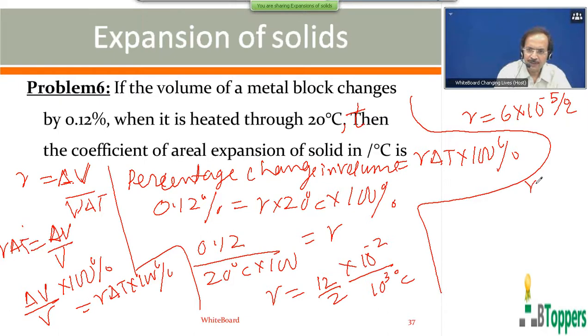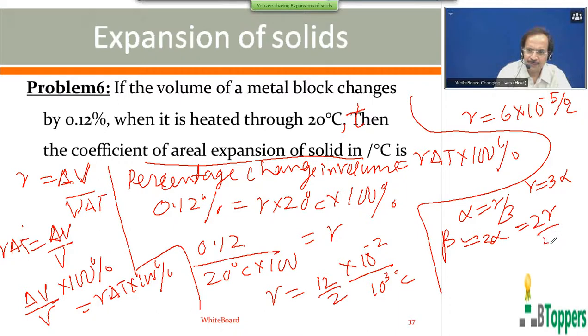So gamma can be taken as nearly 3 alpha, or alpha can be written as gamma by 3. So you are asked to find the coefficient of areal expansion of the solid. That means you have to find the value of beta. Beta can be nearly taken as 2 alpha or 2 gamma by 3.